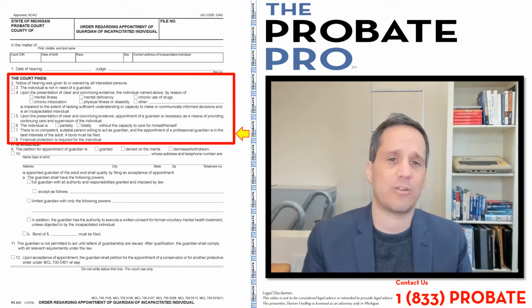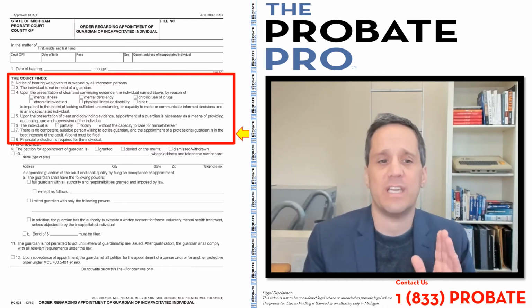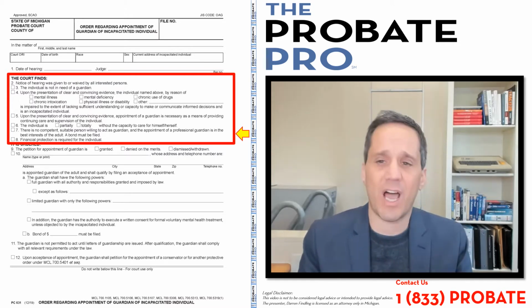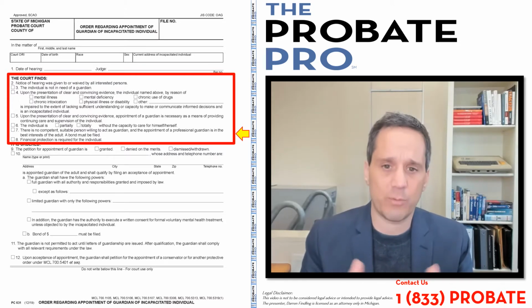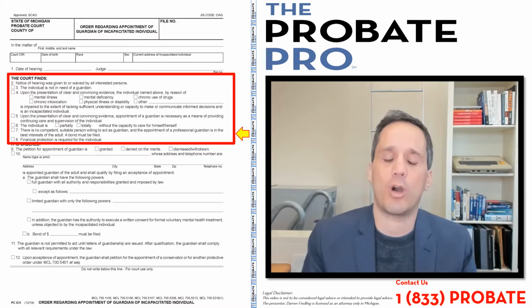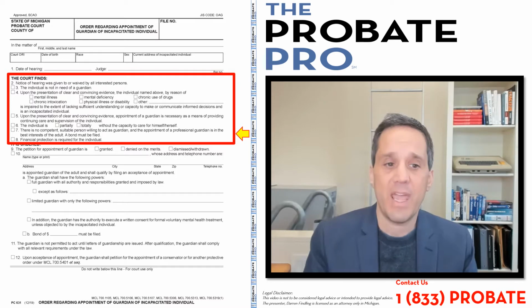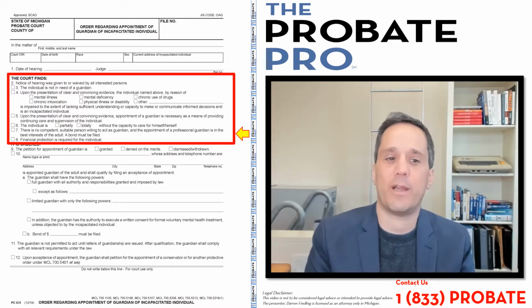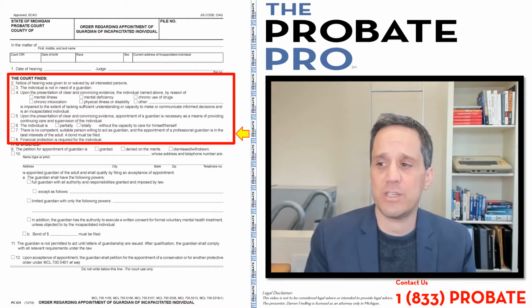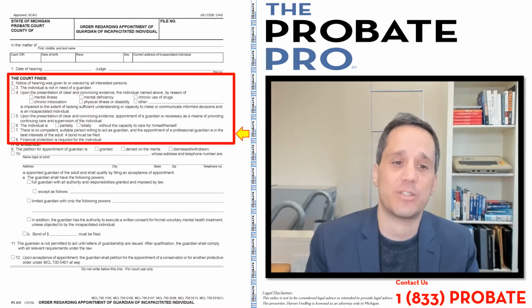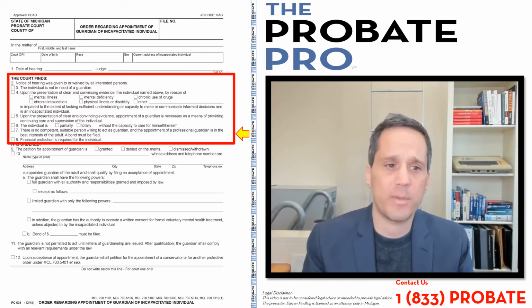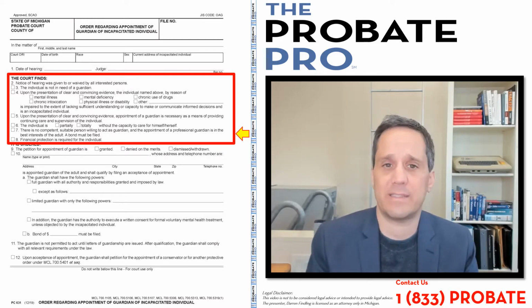Mental illness, chronic intoxication, mental deficiency, physical illness or disability, chronic use of drugs, and then there's kind of a catch-all where you can reflect other bases for why the individual is in need of a guardian by clear and convincing evidence. And not only do they meet those definitions, but there must be an impairment to the extent sufficient that the individual lacks sufficient understanding or capacity to make or communicate informed decisions as an incapacitated individual.